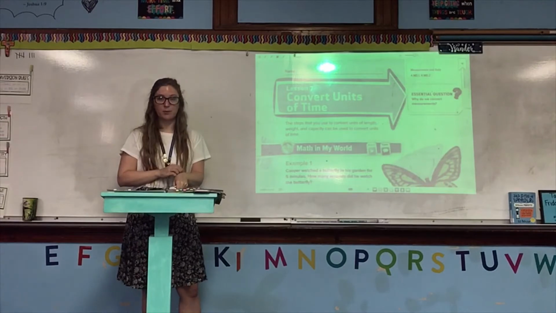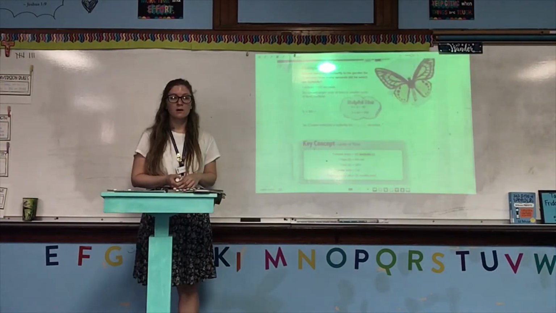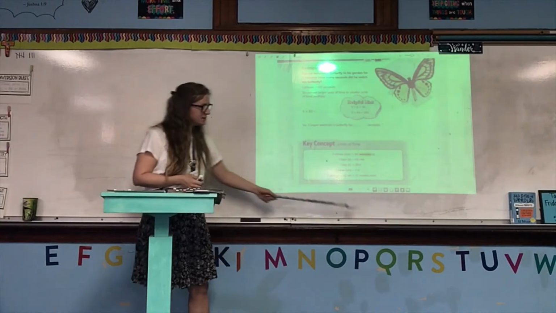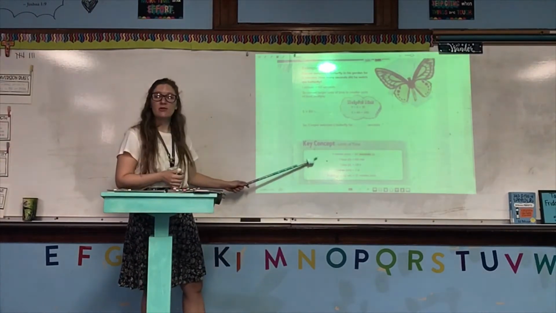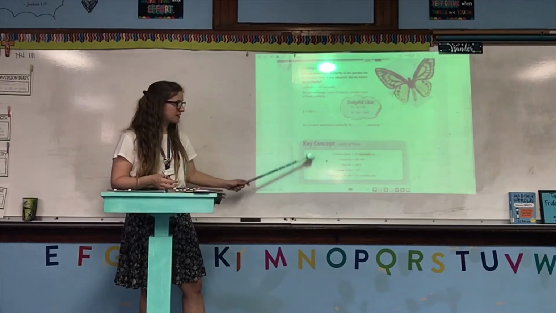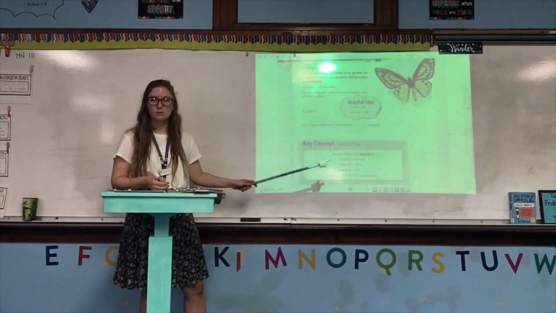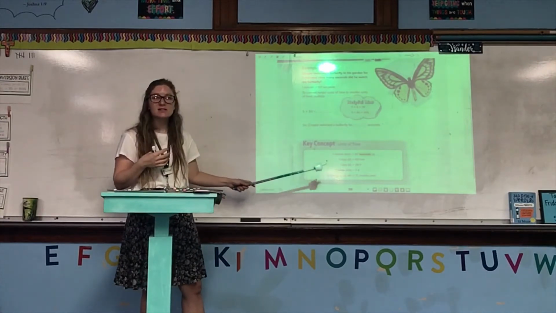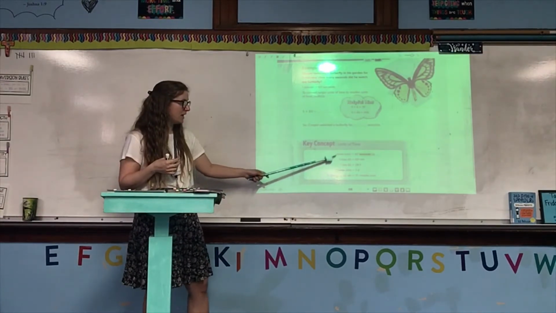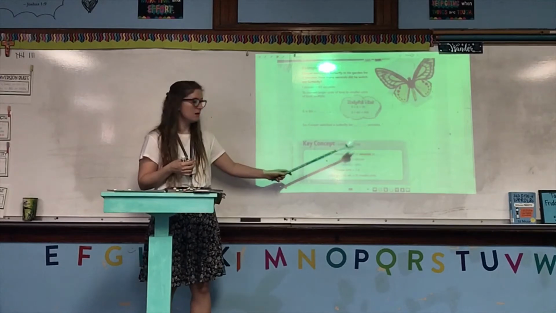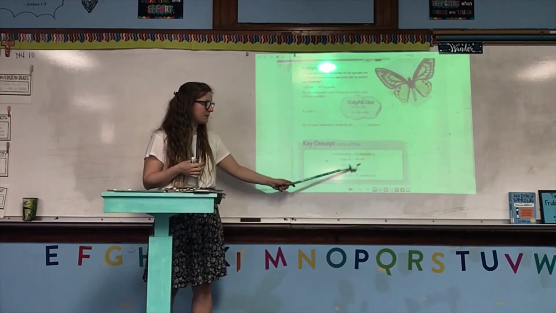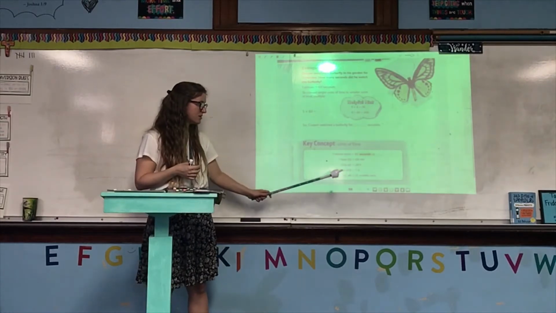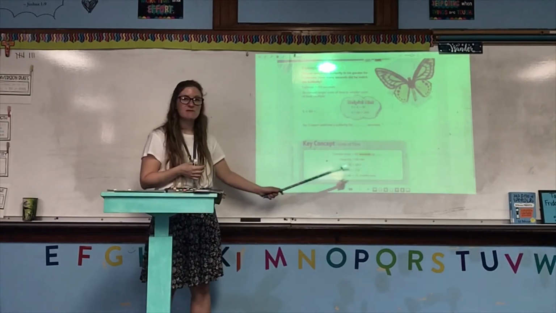Okay, let's look at example 1. Before we actually look at example 1, I want to point out this key concept box. We already know this, but let's just go through it really quick, because this is pretty much exactly the same as what was on our conversion chart, but practice makes perfect, so let's look through it really quick. 1 minute is the same as 60 seconds. 1 hour is the same as 60 minutes. 1 day is the same as 24 hours. 1 week is the same as 7 days.